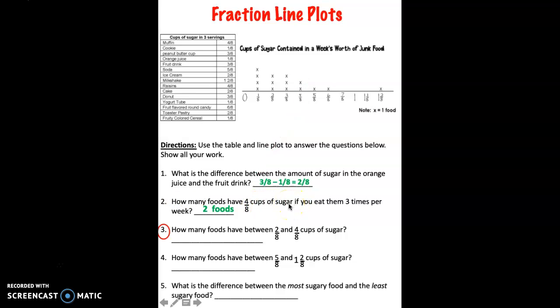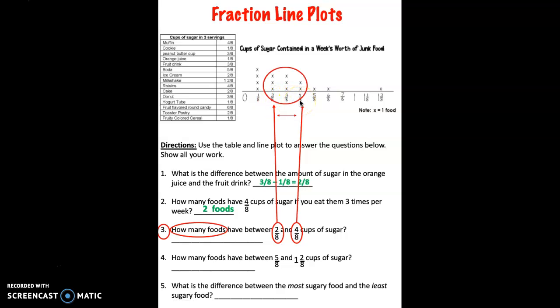Number 3. How many foods have between 2/8 and 4/8 cup of sugar? So we're looking for how many foods. That means we're going to count the X's on the line plot. And we're going to look between 2/8 and 4/8. So we have 2/8 and 4/8.